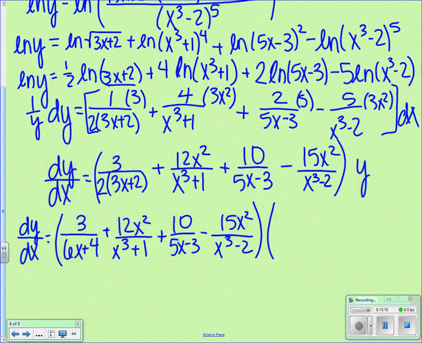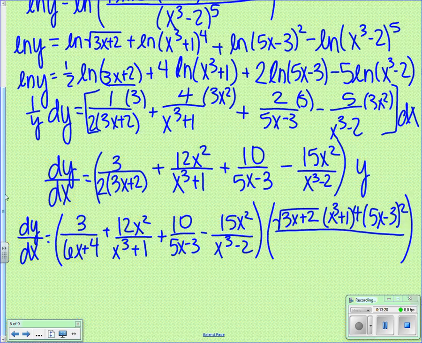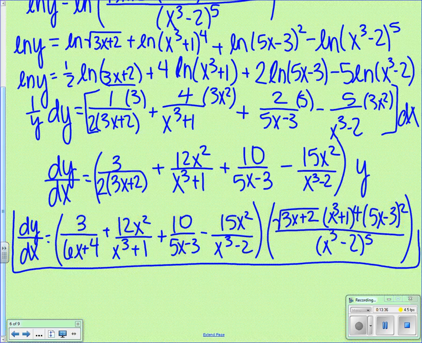So you have your square root of 3x plus 2, x cubed plus 1 to the 4th, 5x minus 3 squared, all over x cubed minus 2 to the 5th. And so all of this here would be your answer.